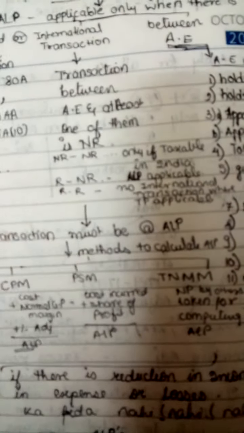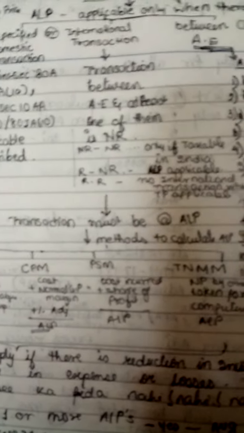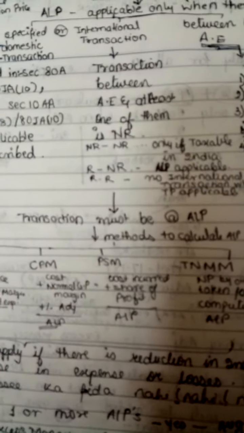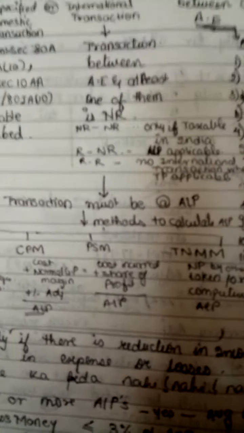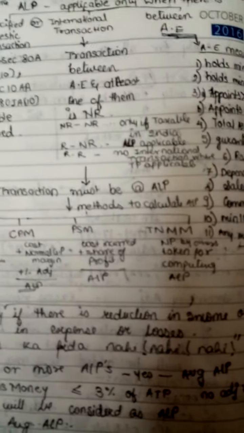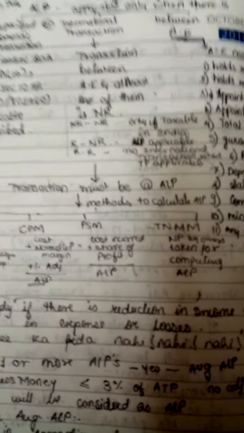If the transaction is between one resident and another non-resident, then the transfer pricing provisions are applicable. But if the transaction is between resident and resident, then it is not considered an international transaction.